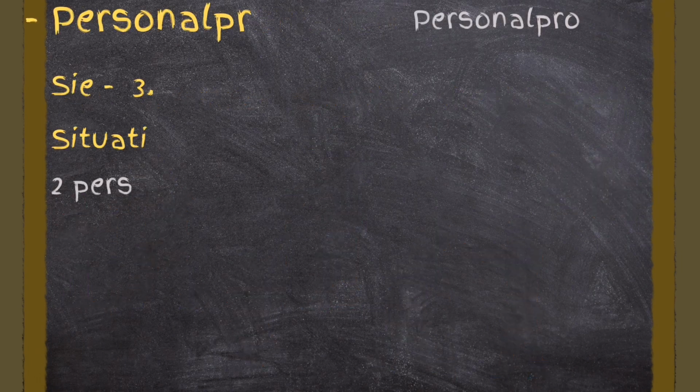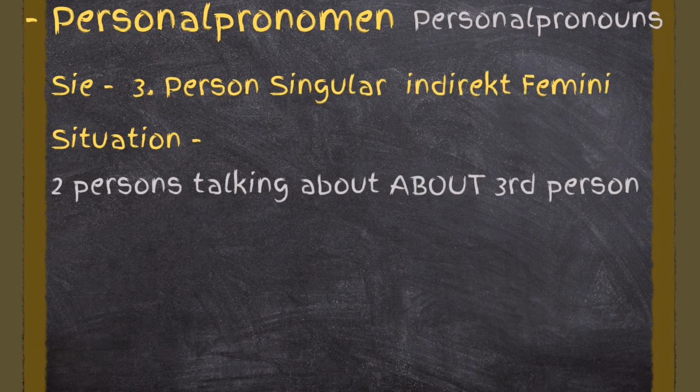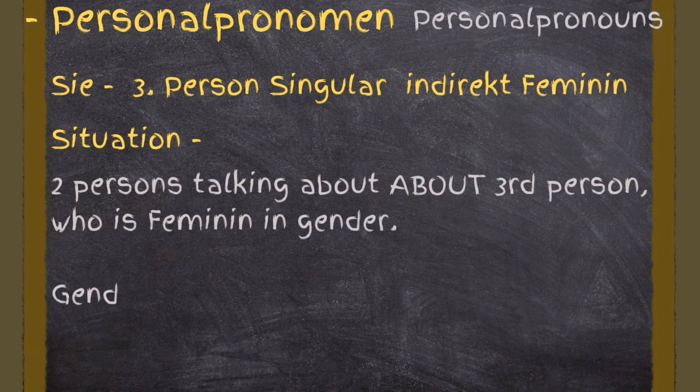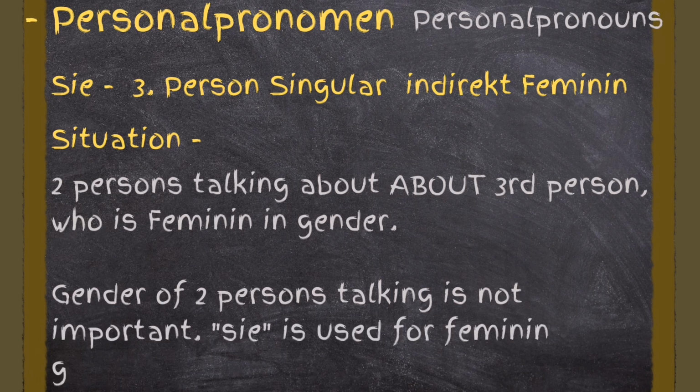Now let's come to the second type of a personal pronoun, which is also Z but written in small letters. This is third person, singular, indirect, but having feminine gender.